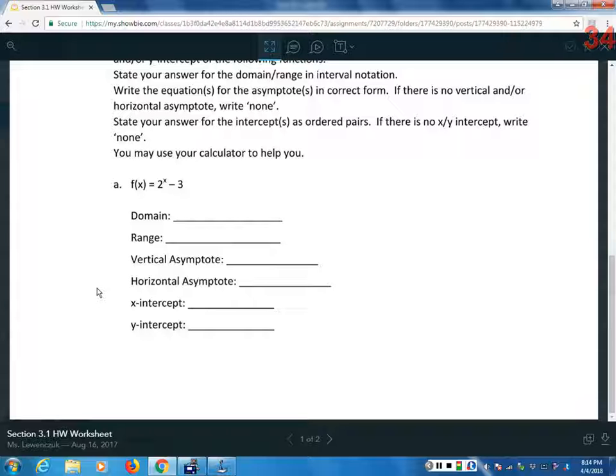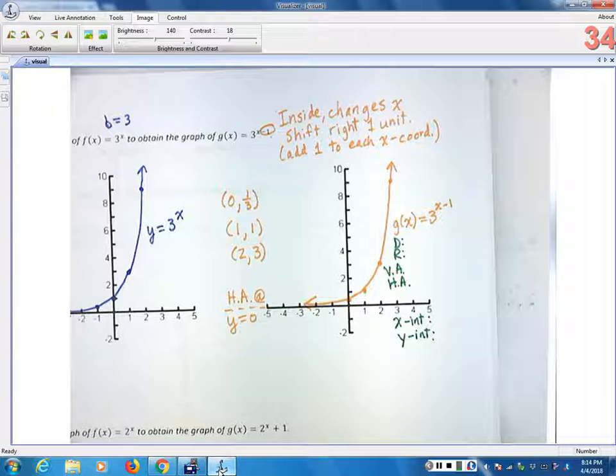So let me fill in the domain on this, and the range, and the vertical asymptote, and the horizontal asymptote, and the x-intercept, and the y-intercept. And I'm going to fill these in. Let me go back to my notes. So just showing you, and there is a second page.